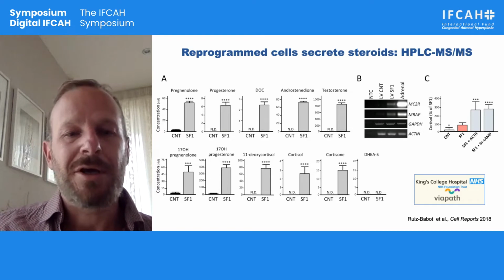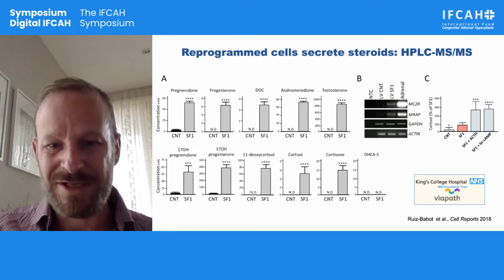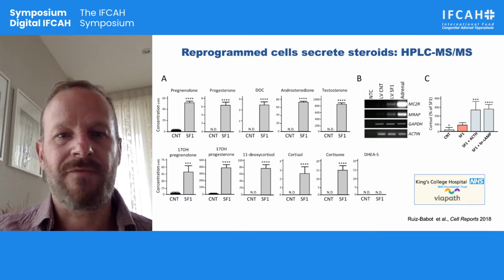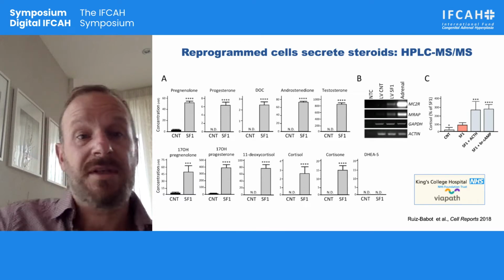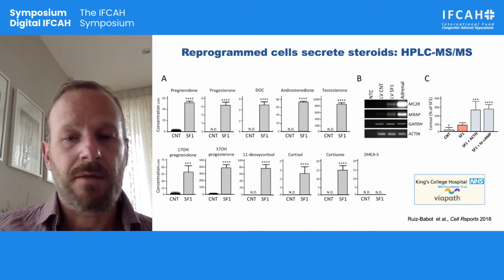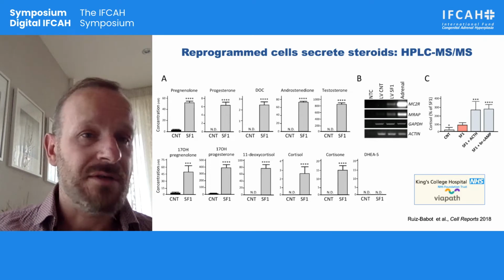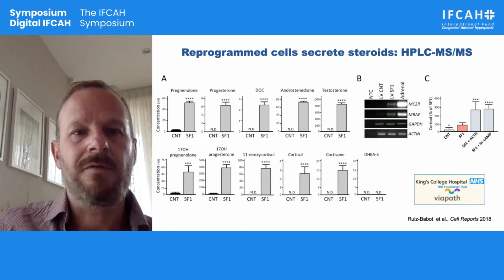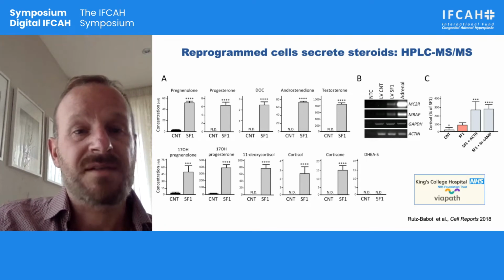Unfortunately, at that time, aldosterone was not present. Now it is present with our collaborator at Viapath at King's College. But as you can see here, in reprogrammed cells we could see de novo secretion mostly of a variety of steroid metabolites.